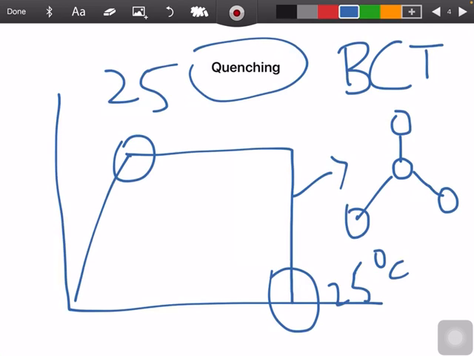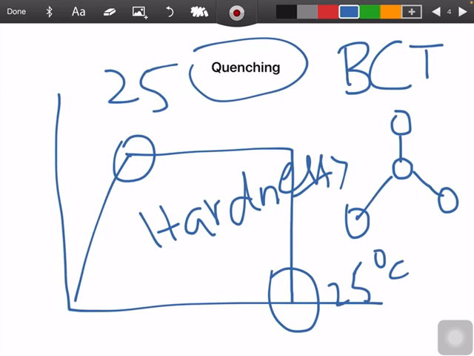This structure is very complicated and has very high hardness. It is so hard that it can be broken easily. So that's why we need to temper it to reduce its hardness up to a certain limit to give us a benefit. And that reduction of hardness can be gained by a process which is basically called tempering.